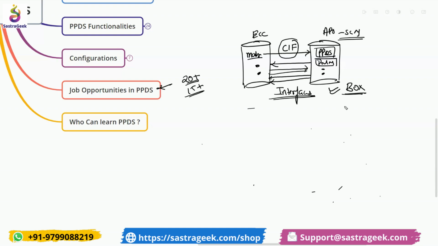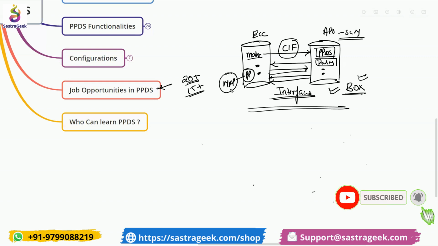So this was earlier quite a hectic activity, where both systems needed a connection in SIF, and you needed a separate box, separate infrastructure to implement PPDS, where the core functionality PP and MRP was sitting, right? And if somebody did not need advanced functionality, the effort required was quite high.